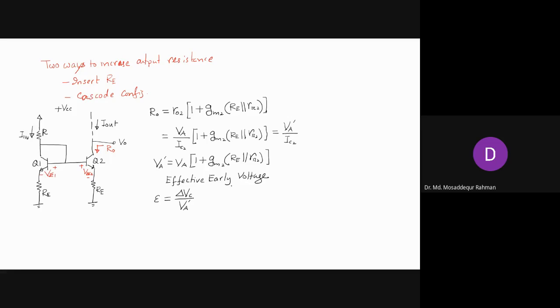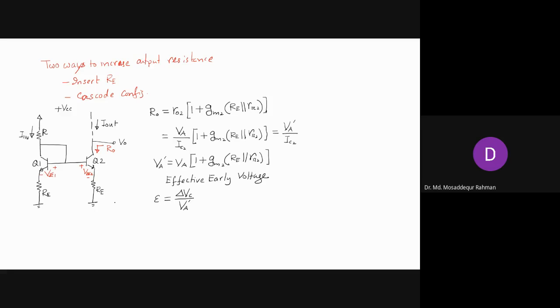So the same expression, just the early voltage VA is changed. It is VA prime, the new early voltage, and that is given by this expression. Is that clear? Yes, sir.